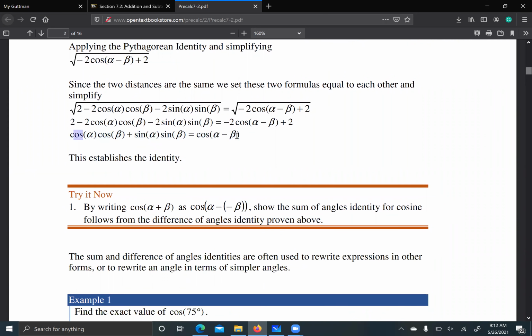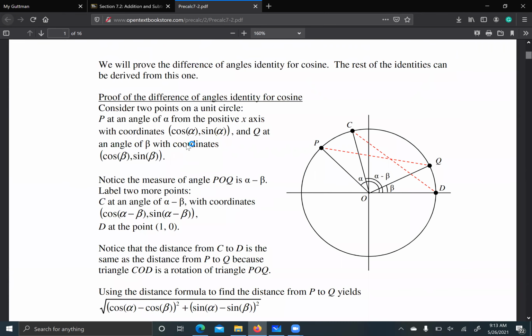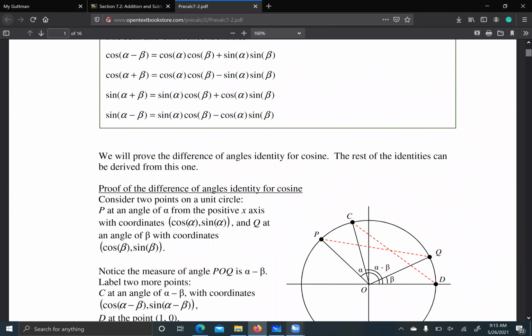As you can see, the final result is that the cosine of the difference of two angles is the product of the cosines plus the product of the sines. And then similarly, you can prove the rest of these identities.